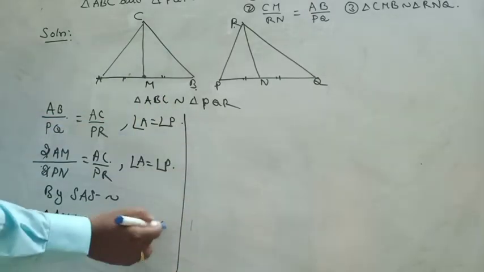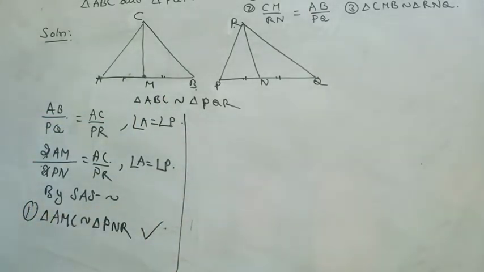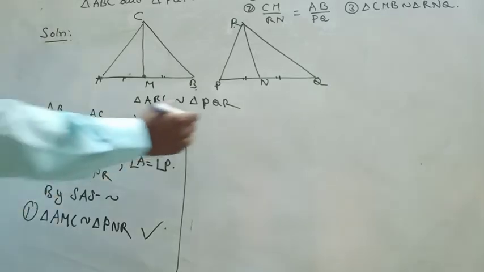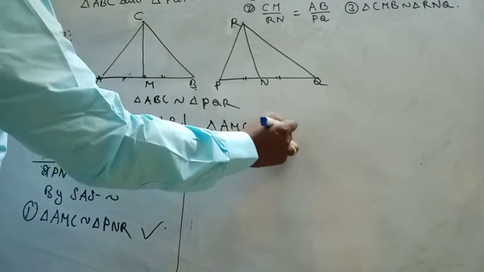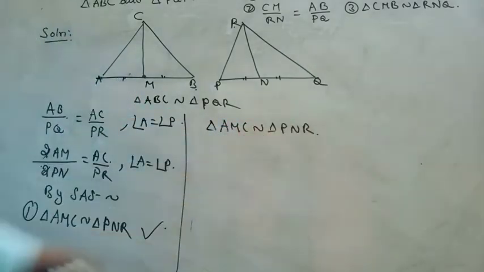Wonderful. That means we got the first one. Once triangle AMC is similar to triangle PNR, they are asking the second one, CM by RN is equal to AB by PQ.